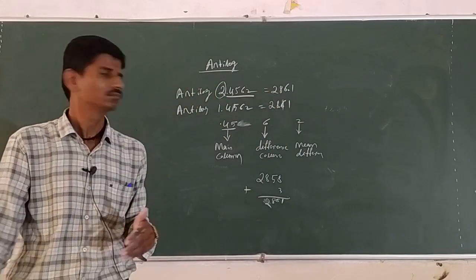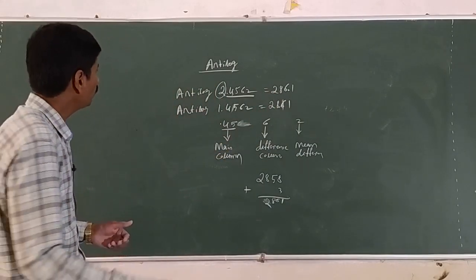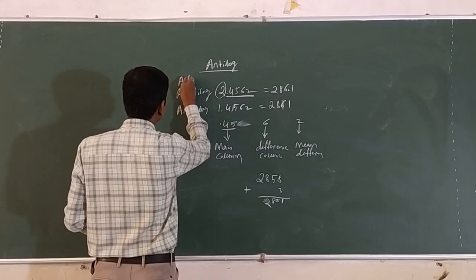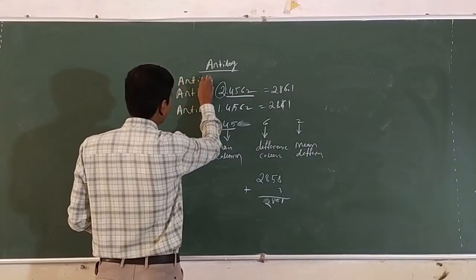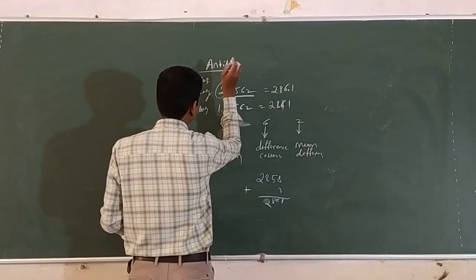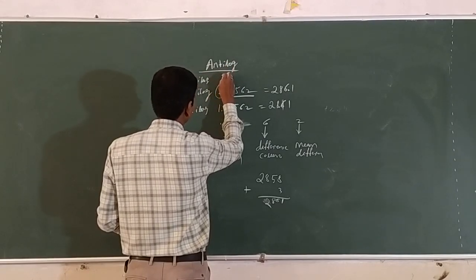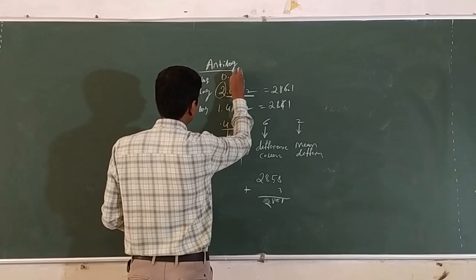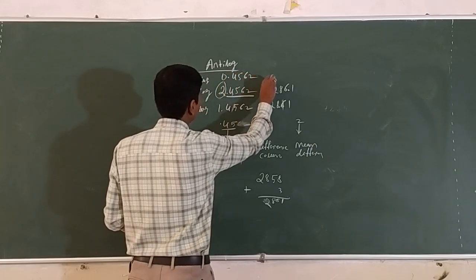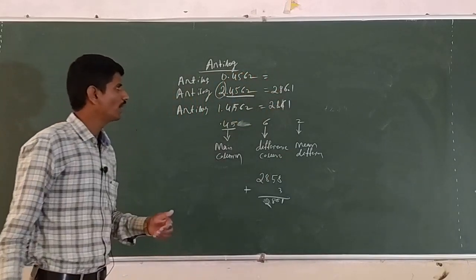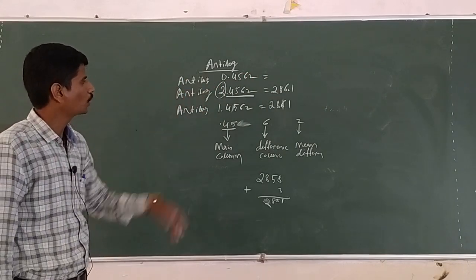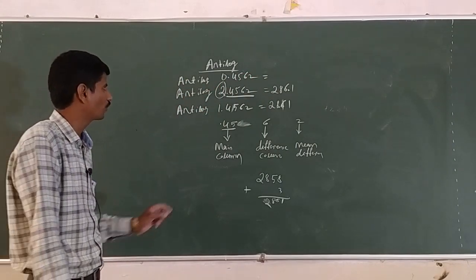The next one more: find the antilog of 0.4562.